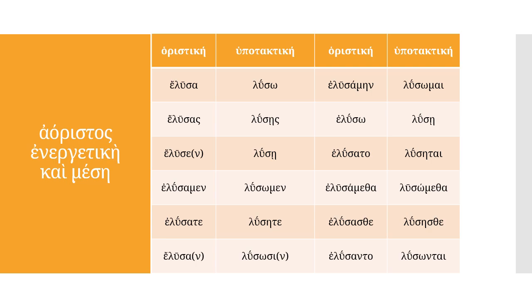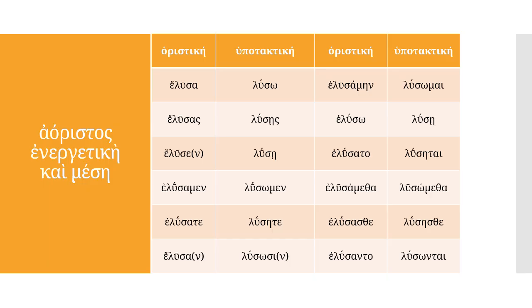And so some of these endings now look like futures. Luso looks like a future. Luse, third person, looks like it could be the future second person middle. However, there is no future subjunctive, so there's no confusion there. So the sigma here is marking the aorist only. Luso, luses, luse, lusomen, lusete, lusosin.